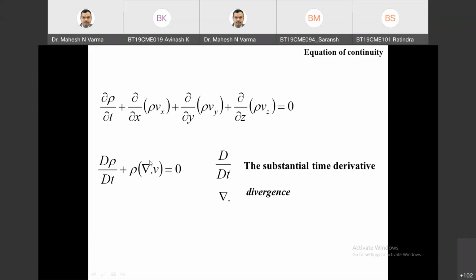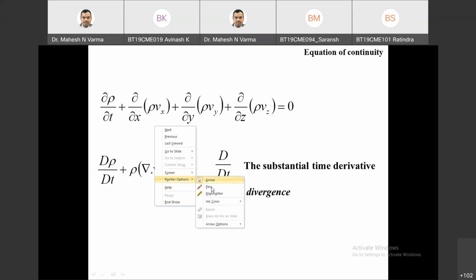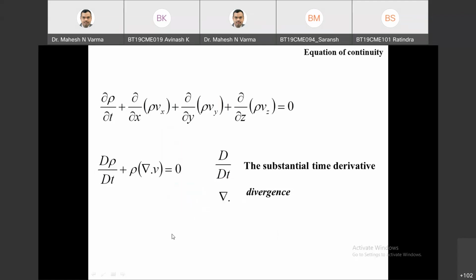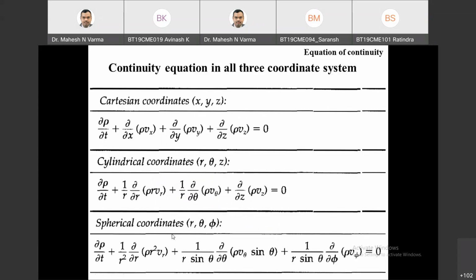If you use that definition and operate del dot, you can get the equation in cylindrical coordinates also. That is the beauty of writing the equation in compact form. You get a generalized equation first, and using that you can get the complicated equations for cylindrical and spherical coordinate systems.